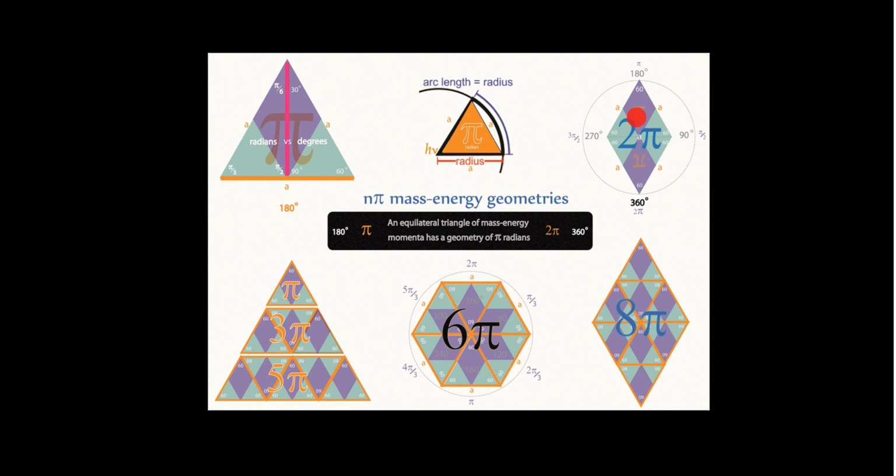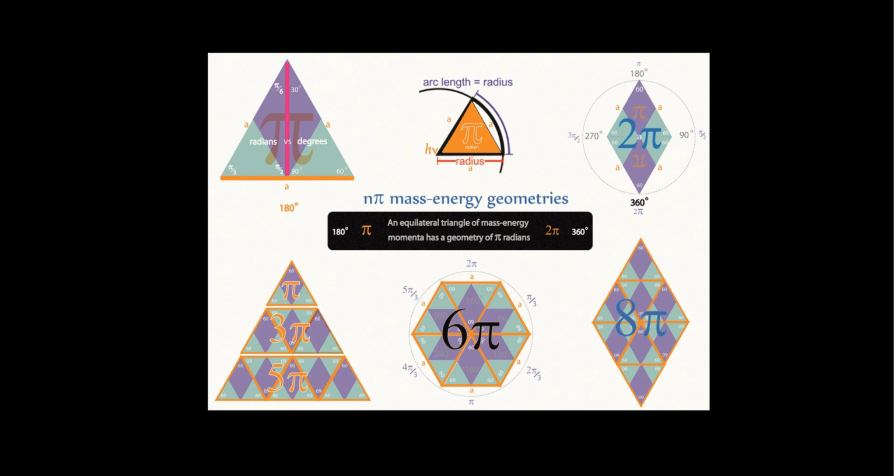We have a single boson, 1 pi, with another single boson, 1 pi, giving us a 2 pi geometry. And to measure the mass of that energy field, we simply put it in a circular coordinate system, and that gives us a measure of energy per light second, or mass. In this case, it's the mass of a photon, 2 pi.